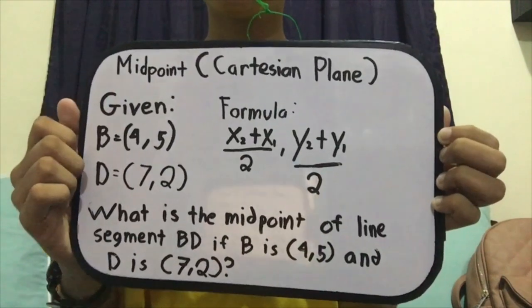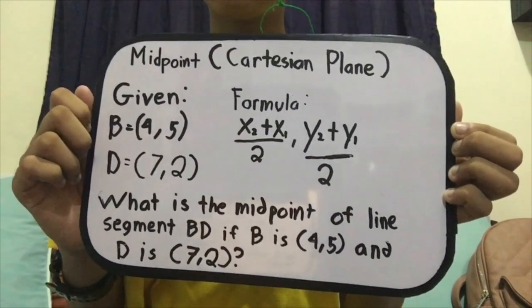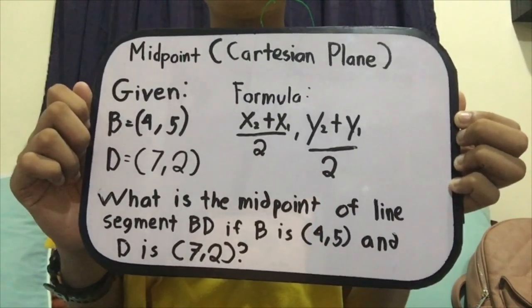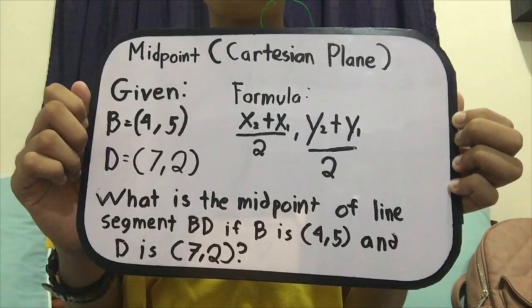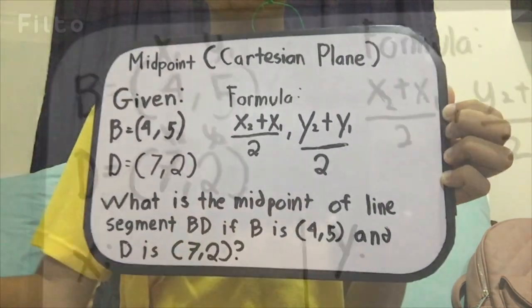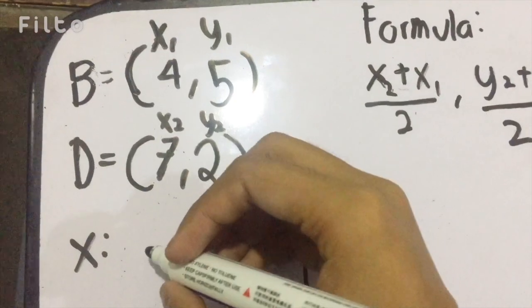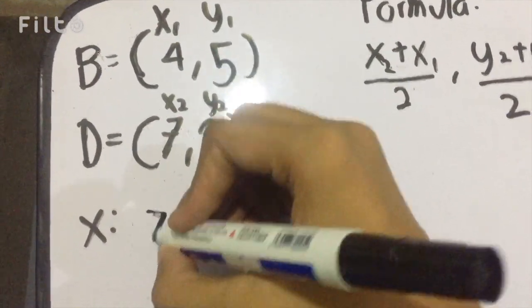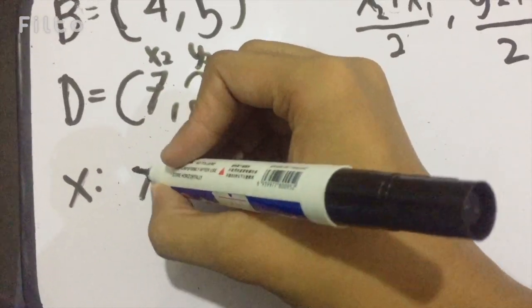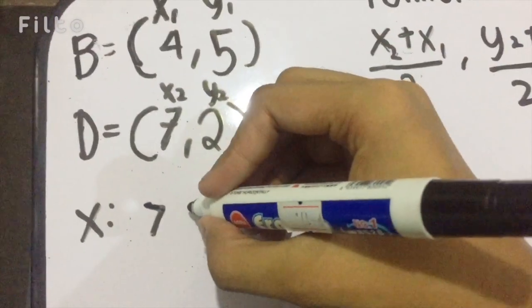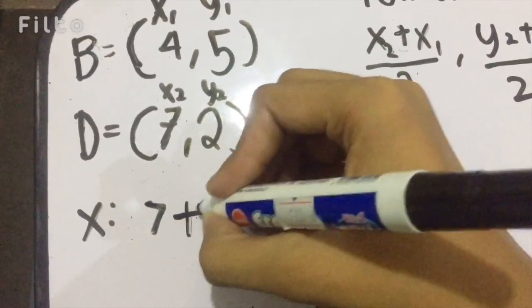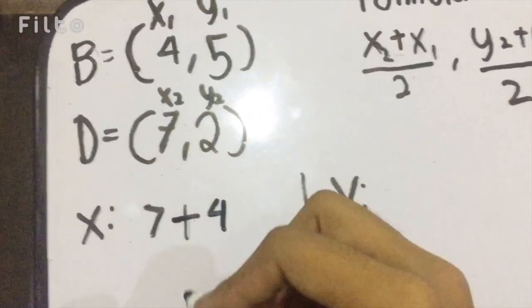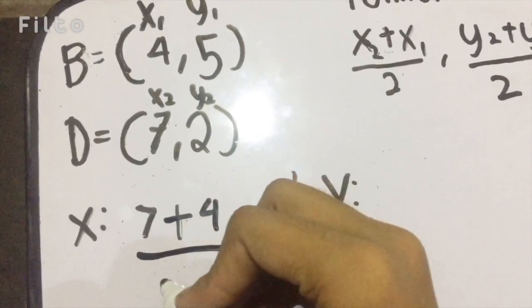What is the midpoint of line segment BD if B is 4, 5 and D is 7, 2? We will find out. So we will be doing the x first for the midpoint. So 7, then we will add 4 since that's the formula. Then it will be divided by 2, which is also in the formula.